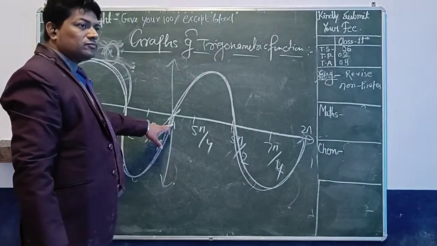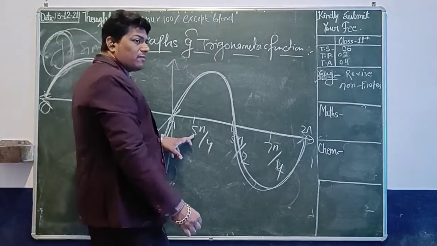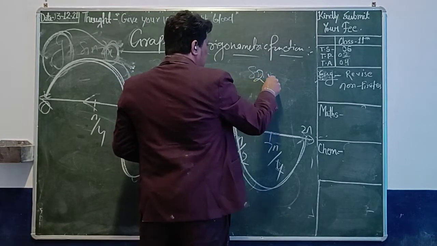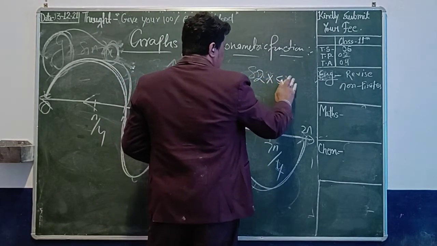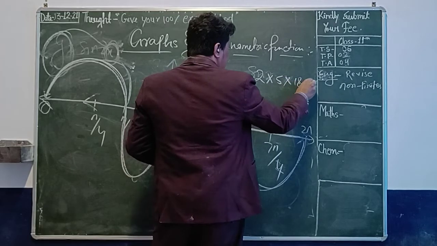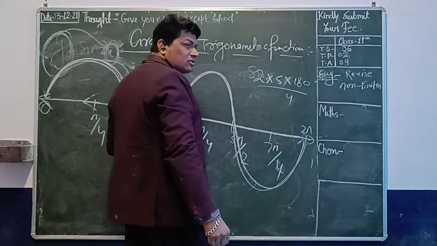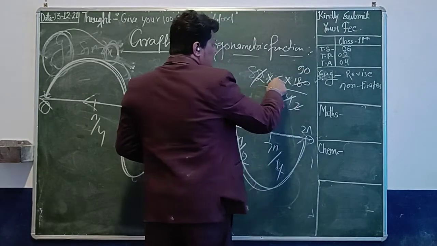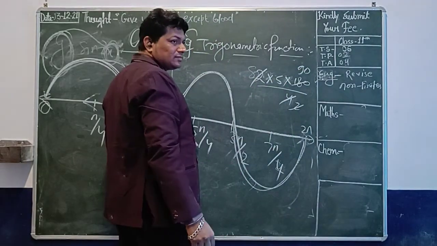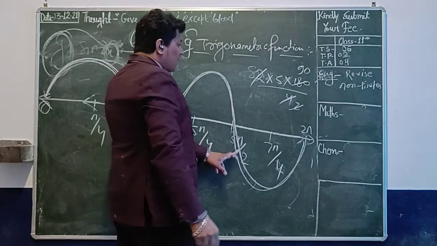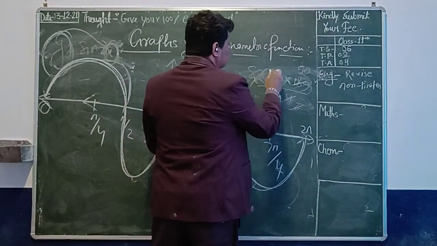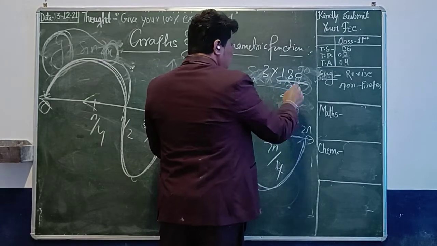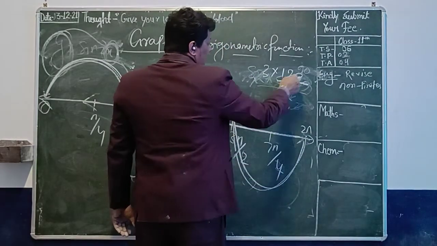Sin pi 0, sin 5 pi by 4, sin 2 into 5 pi by 4. Something 3 pi by 2 into 6, 3 into 180 divided by 2.